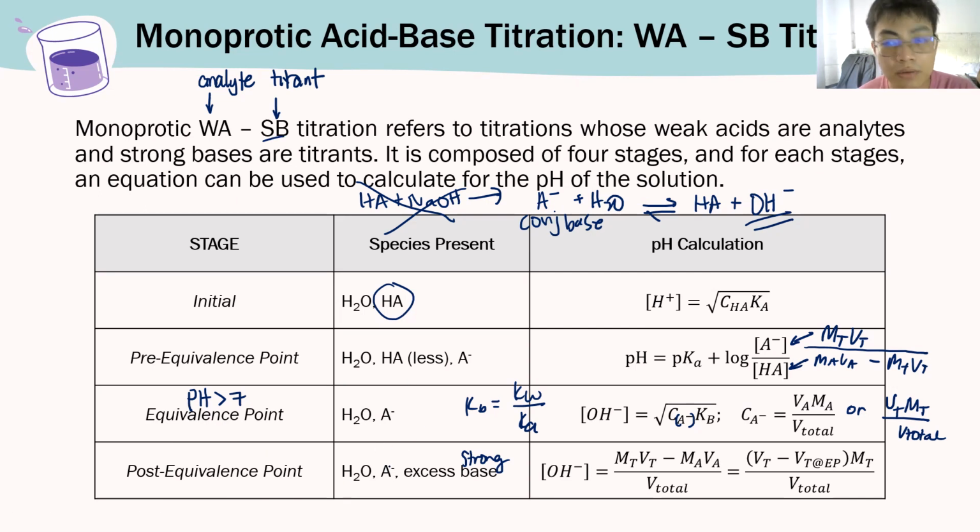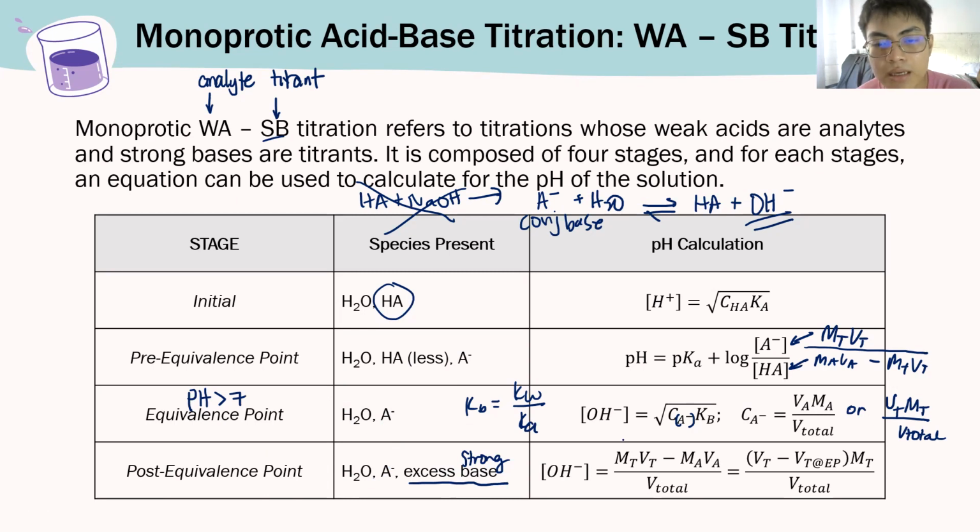The conjugate base is probably greater than 7. But the strong base is stronger than the conjugate base, so this will determine the pH of the solution. So no matter how small the amount of base titrant that was added, it is what will determine the pH of the solution.